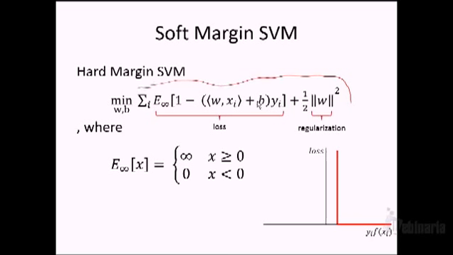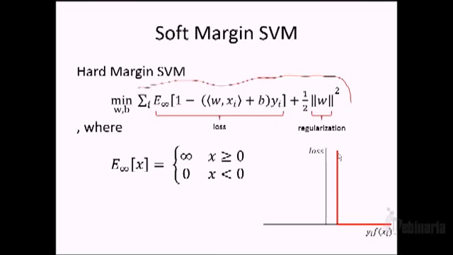And if we look at this formulation, it's very similar to what we have seen in, for example, linear regression, where you have a loss function, for example, squared loss for linear regression, and a regularization term.